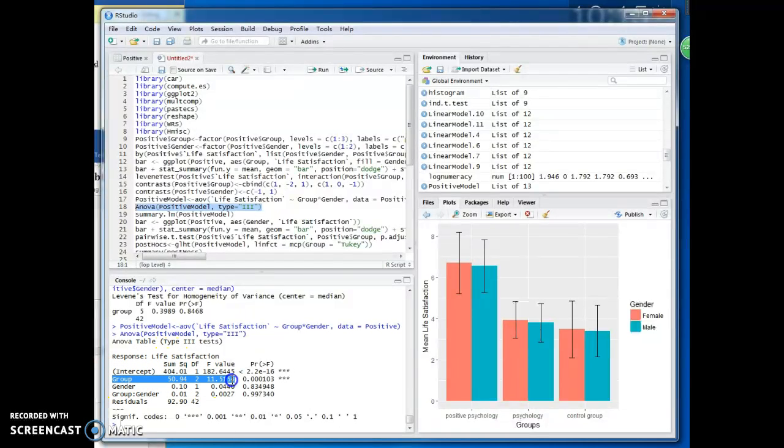When we look at this, it shows that there is a significant difference between groups, which means that, as we saw from this plot, there is a significant difference after reading the positive psychology books, and the life satisfaction has been increased after reading positive psychology books. But there is no difference in the gender.